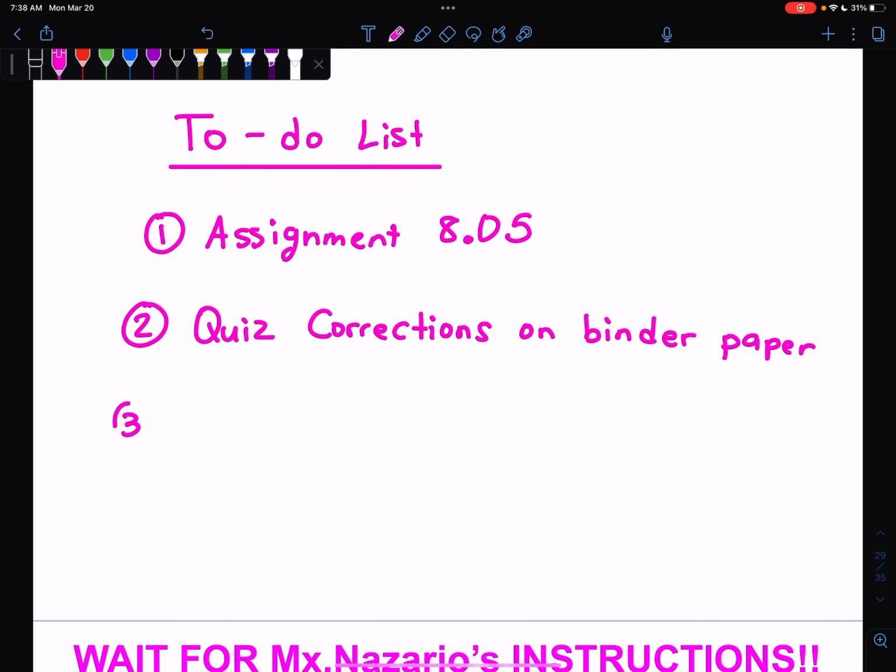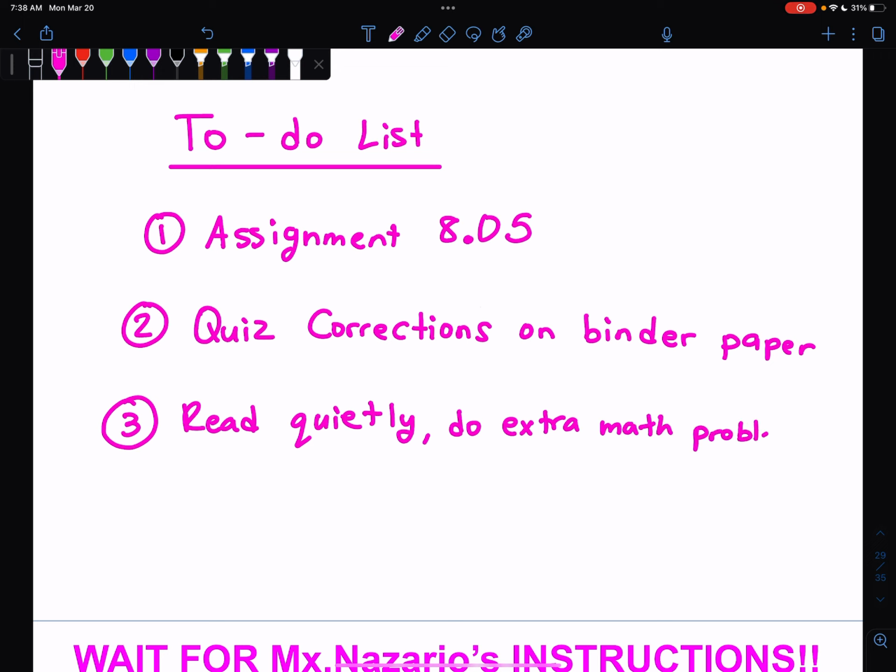And then your third thing would be to read quietly, do extra math problems, or work on other homework. Some of you are missing assignments.